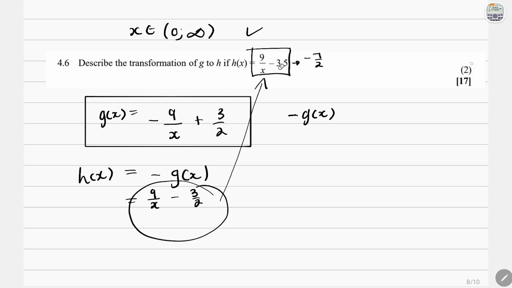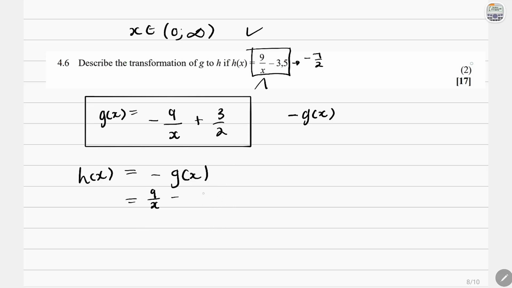Just remember the negative 3.5 is actually negative 7 over 2. So these two are already the same. The only difference is this. From negative 3 over 2 to negative 7 over 2, what did we do? At this point, you can look at them in their decimal form. It's easier to look at it like that.